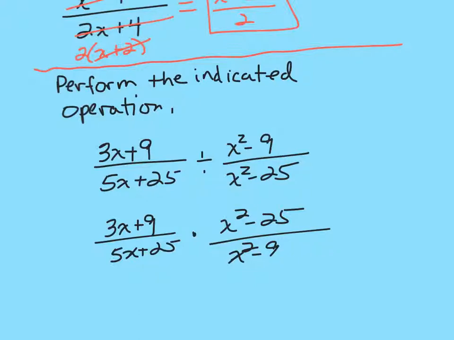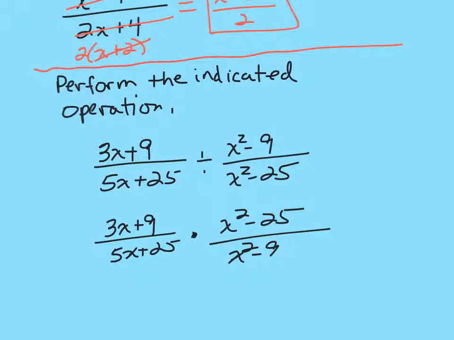Now it's a multiply problem, and let me ask you guys again, is a multiply problem a cancel problem or a common denominator problem? Cancel. It's a cancel problem, but you can only cancel factors.